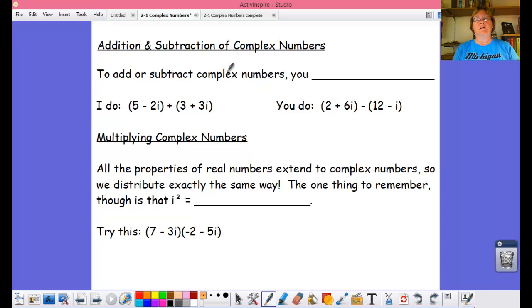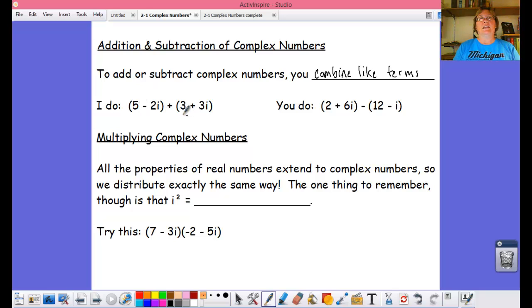We want to talk a little bit about how to do math with complex numbers. We will be adding, subtracting, multiplying, dividing, etc. We're going to begin with adding and subtracting, and to do those operations, really what you do is combine like terms. That is, you add real parts to real parts, i parts to i parts.